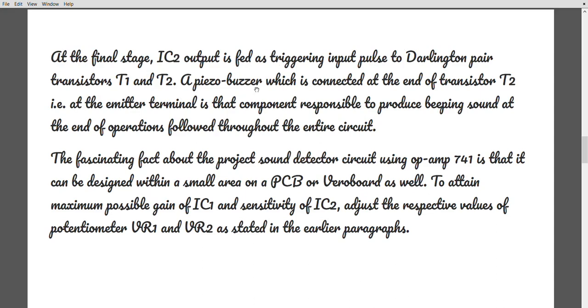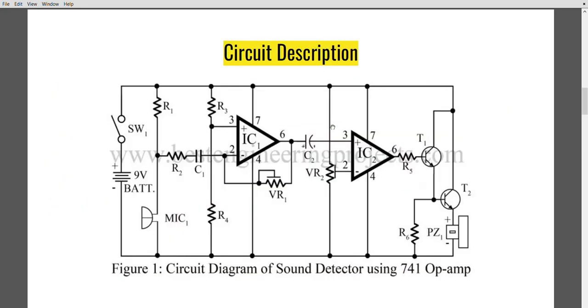Then a piezo buzzer, which is connected at the end of transistor T2, that is at the emitter terminal, is the component responsible for producing the beeping sound at the end of operations followed throughout the entire circuit. The piezo buzzer is located here, at the emitter terminal.